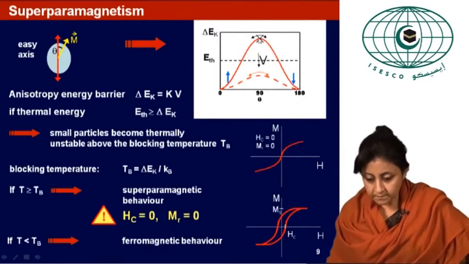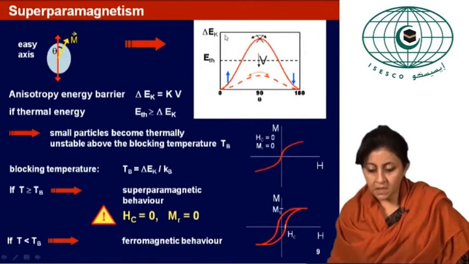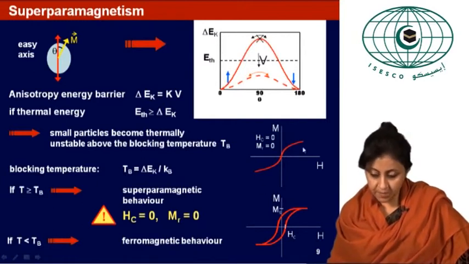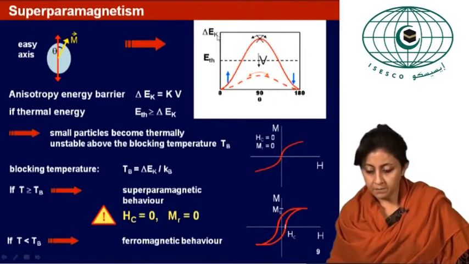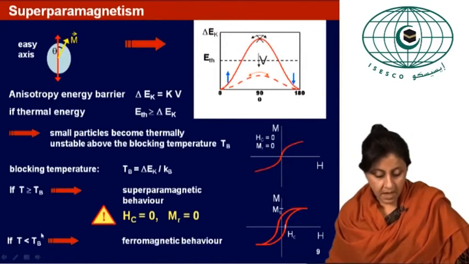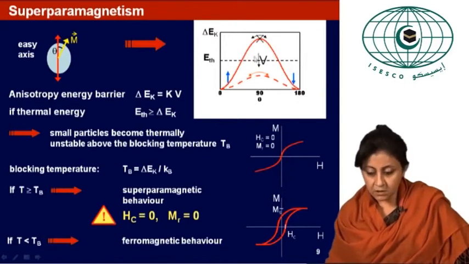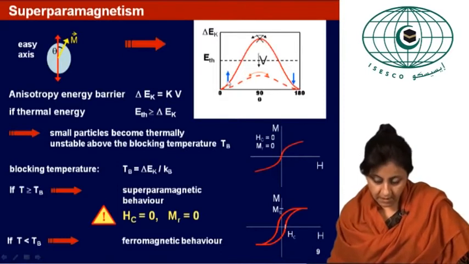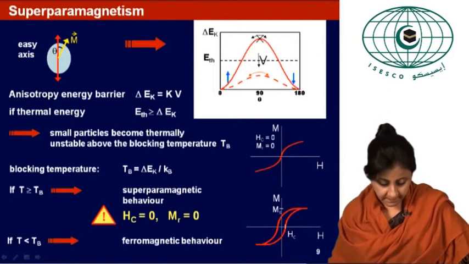So the first case, the superparamagnetic behavior, corresponds to a thermal energy which is somewhere up here, close to the peak of the anisotropy energy barrier, and the second case corresponds to thermal energy which is somewhere down here, so that the magnetization is locked in either a direction parallel or anti-parallel to the easy axis.